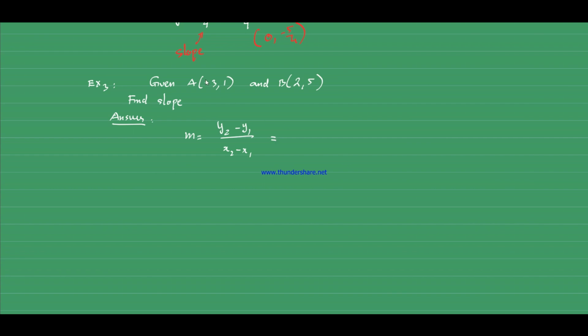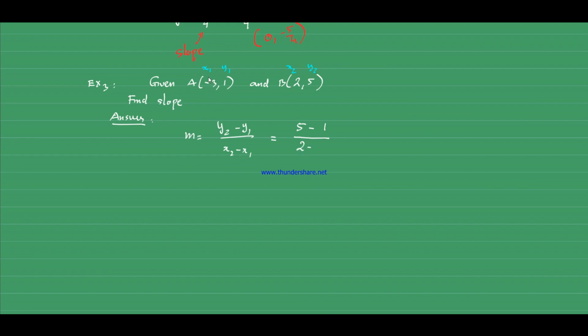Now, if you are not familiar and this is the first time you learn it, then I recommend you label them. So I'm going to label them: this is x1, this is y1, x2, y2. Then I plug it in. So you have 5 minus y1, which is 1, over x2, which is 2, minus x1, which is negative 3.